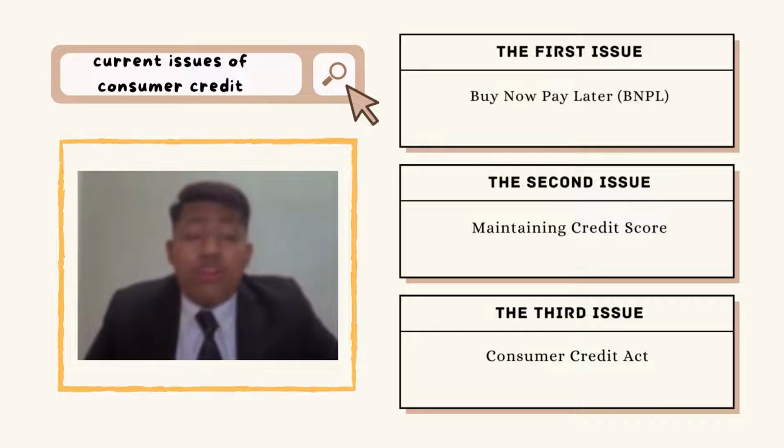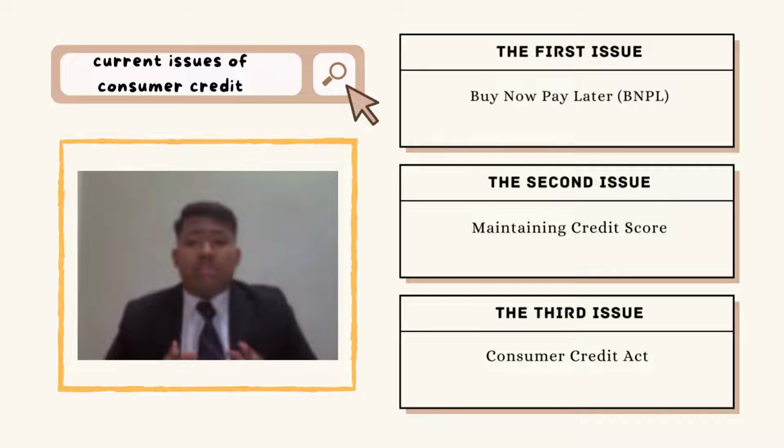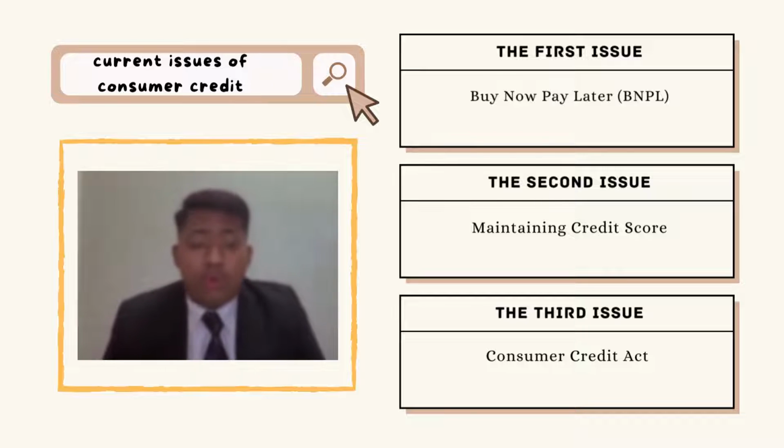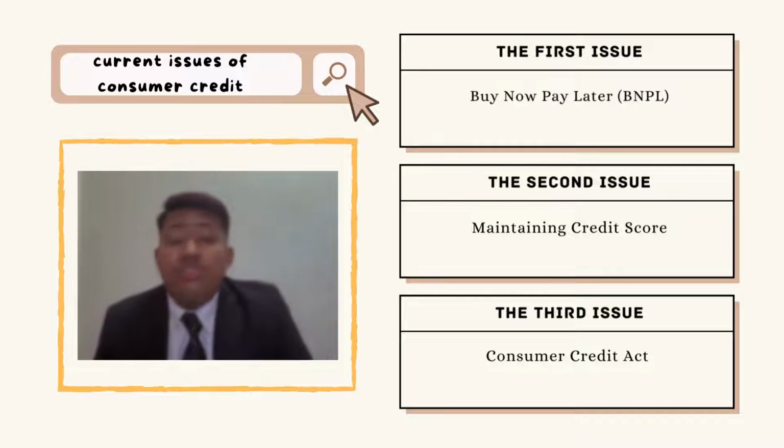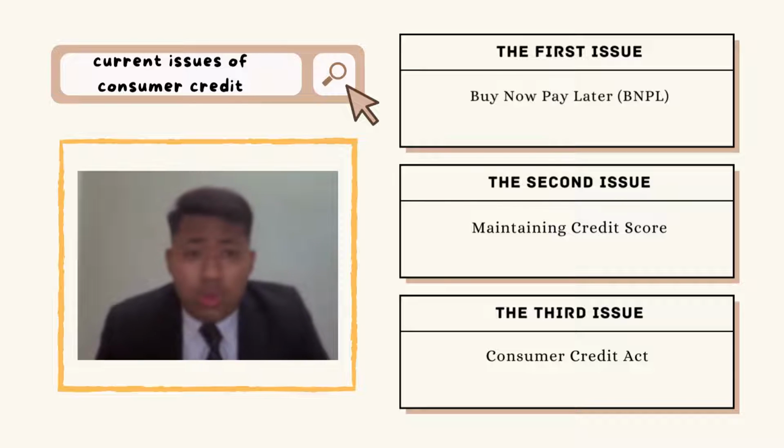However, if the consumer is unable to settle within the specific time frame, they will be subject to a BNPL penalty fee. By 2025, Southeast Asia is predicted to have a total transaction value of $92 billion.